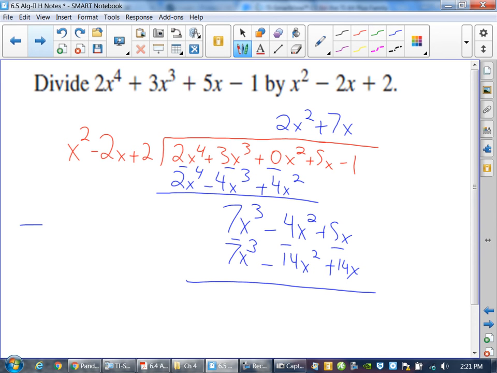So negative 4 minus negative 14, 10. And then how do you turn an x squared into a 10x squared? Yep, very good. Multiply it by 10. And whatever my sign is, it's positive 10, that's why I'm writing plus 10 up here.